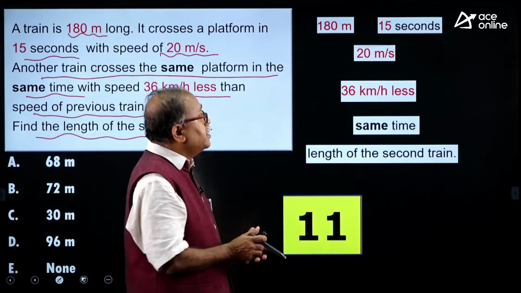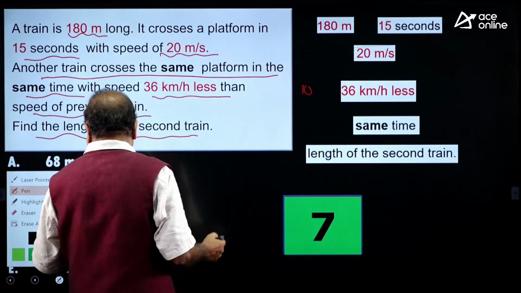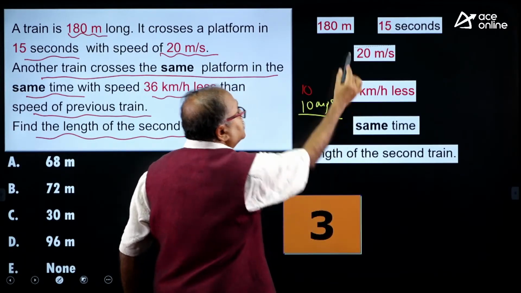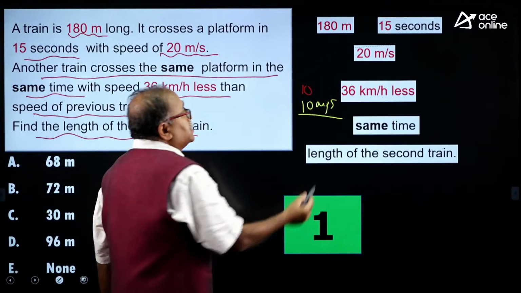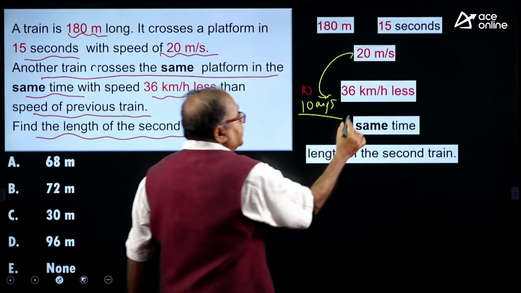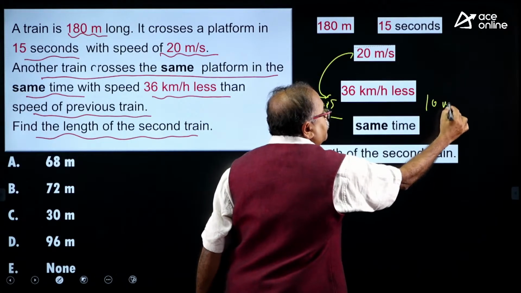Its speed is 10 meter per second less than the previous one, and the previous one's speed is 20 meter per second. So, the second train speed is 20 minus 10, nothing but 10 meter per second.